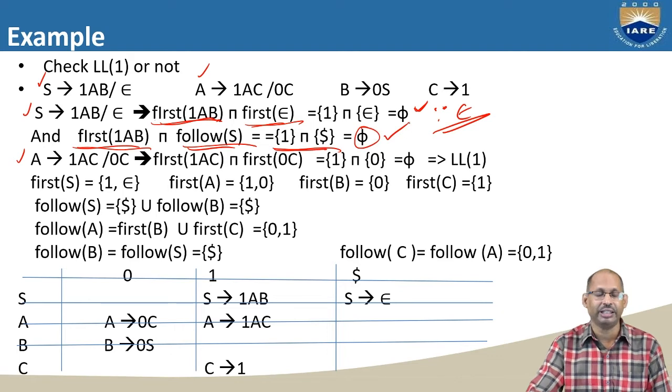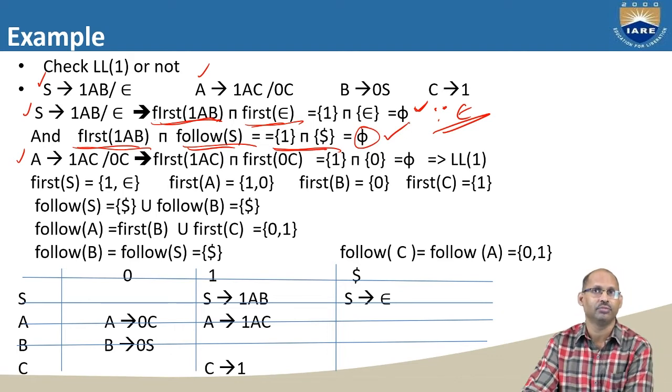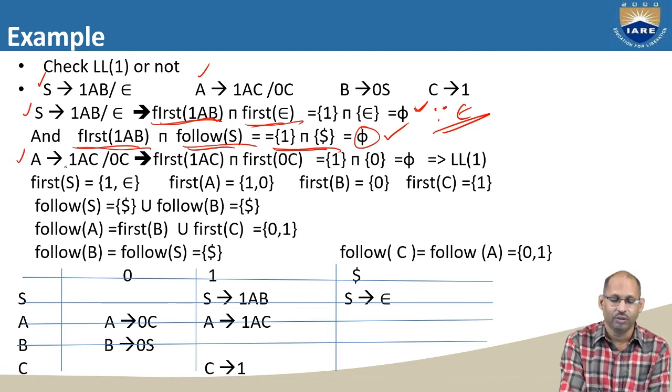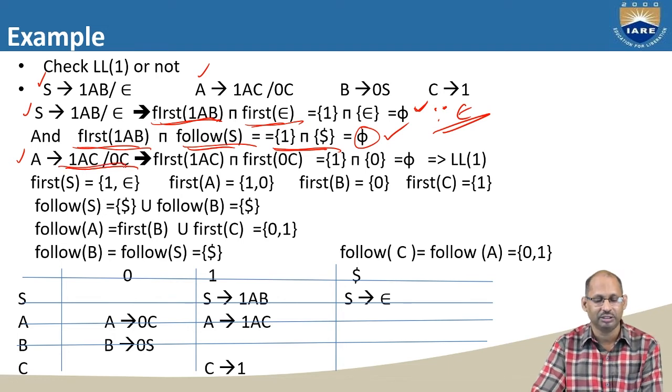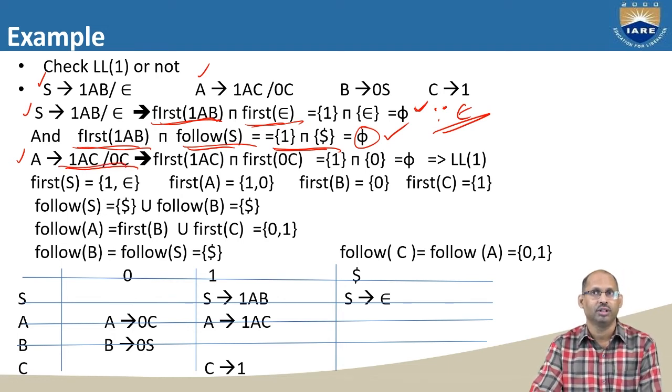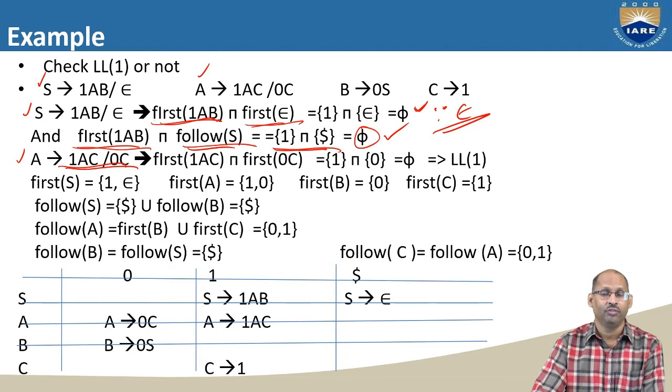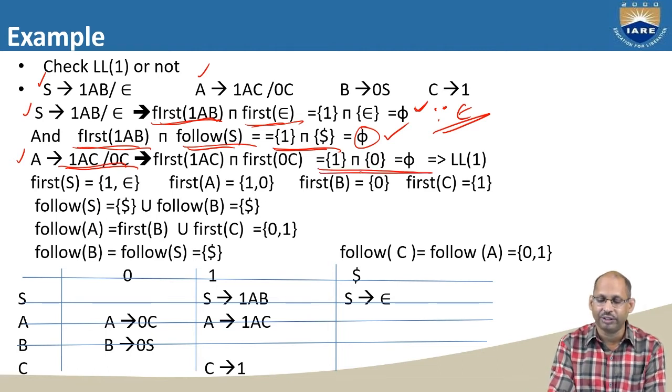So the second condition is also satisfied. Then we consider 1AAC slash 0C. So here it is once again giving empty.